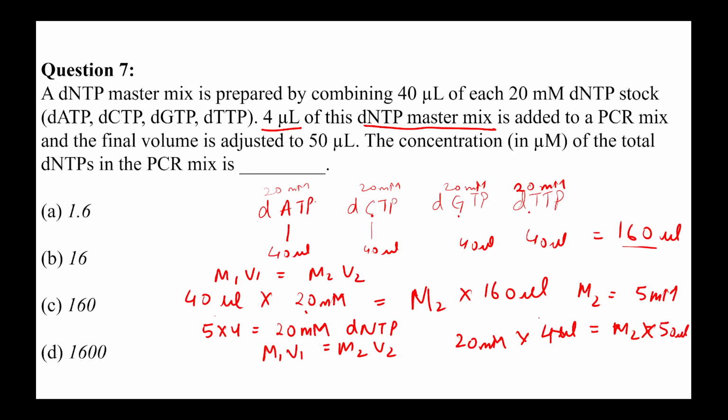So, now 20 into 4 divided by 50. How much will it be? It would be 1.6 millimolar. So, M2 will be 1.6 millimolar, and 1.6 millimolar is basically equal to 1600 micromolar.